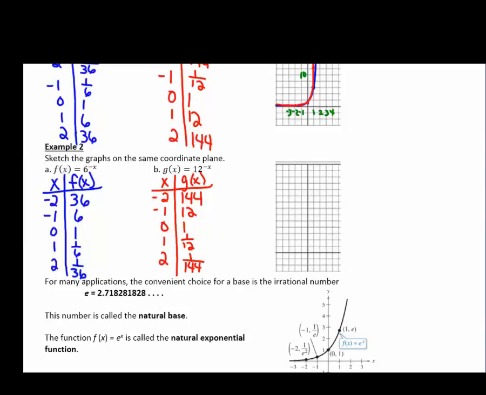So we can see that we have similarities between our two graphs, so we're going to label them the same way. Each vertical line is going to be a 1, and each horizontal line is going to be 2.